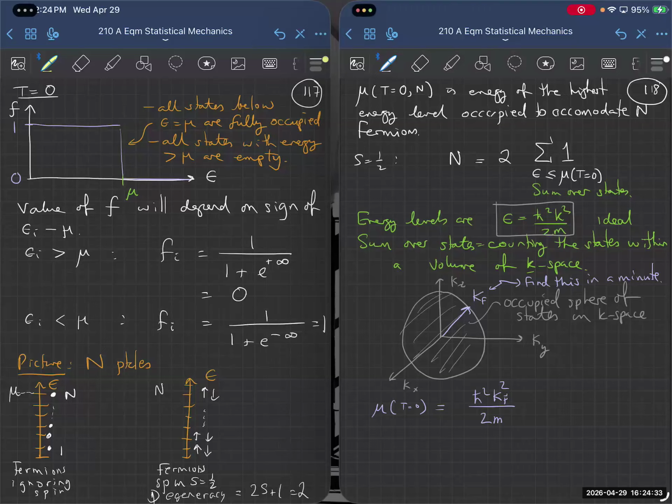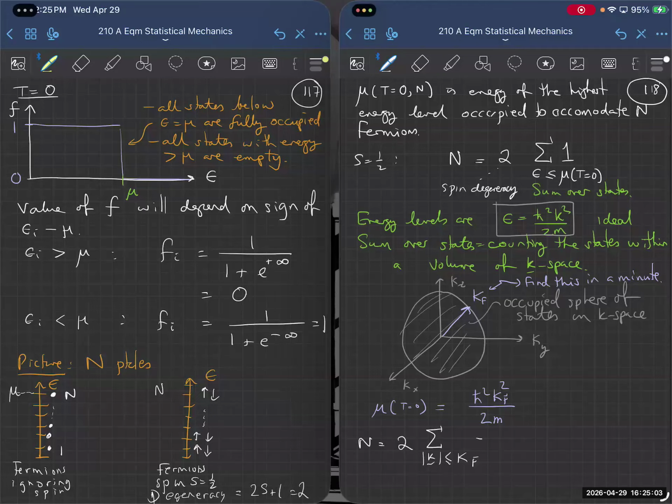So we can say that n is equal to 2, where the 2 comes from spin degeneracy, times the sum over states labeled by k, where the value of k has to be less than or equal to k_F.